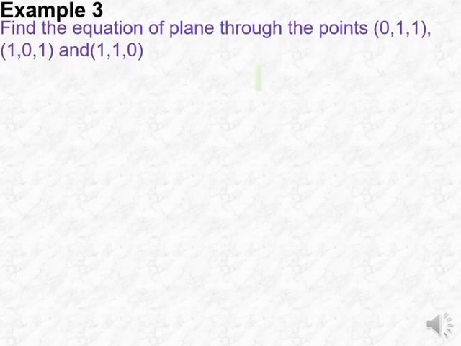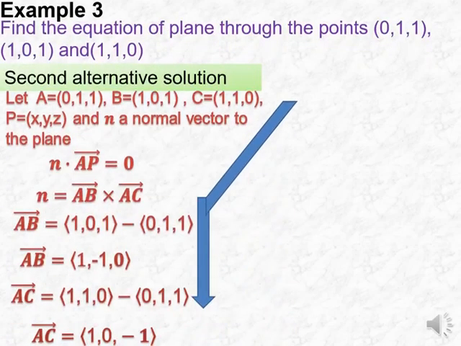So we are going to repeat example 3 using an alternative approach. Here, in this approach, we are going to first assume this is A, B, and C, and we obtain a vector which is normal to this plane. So by getting any two vectors in a plane, I should be able to get a vector which is normal to a plane.